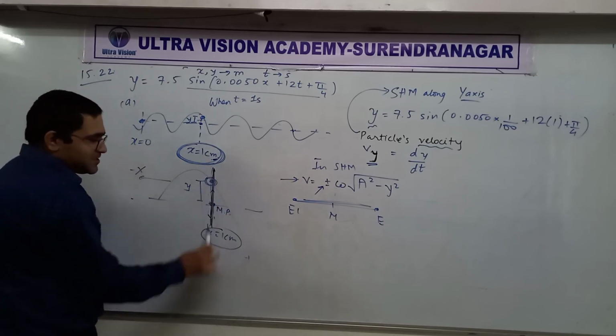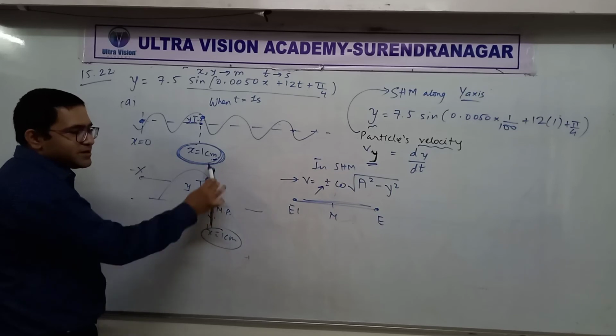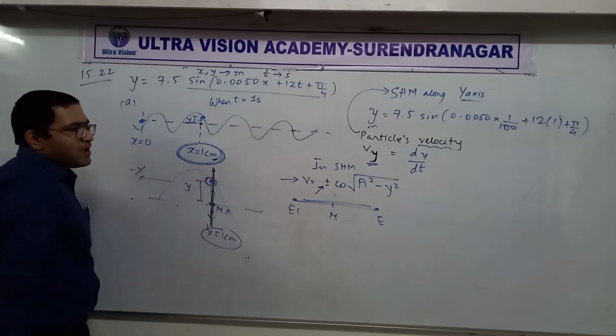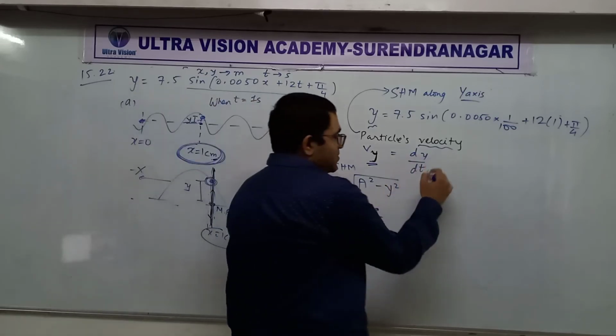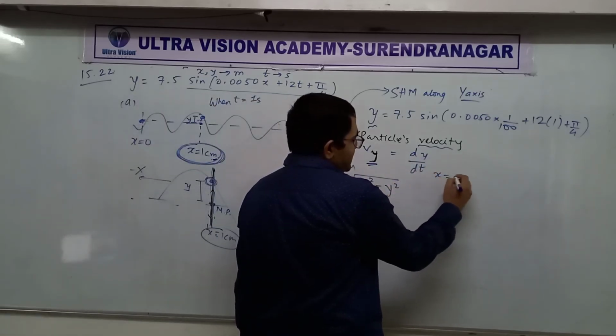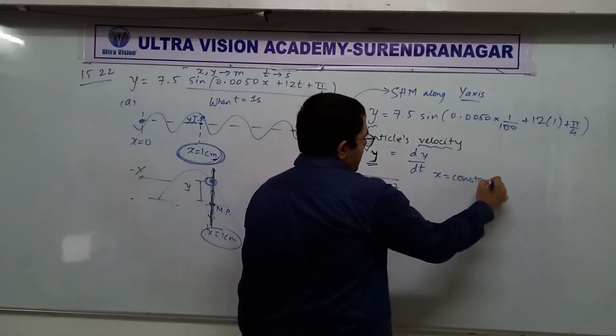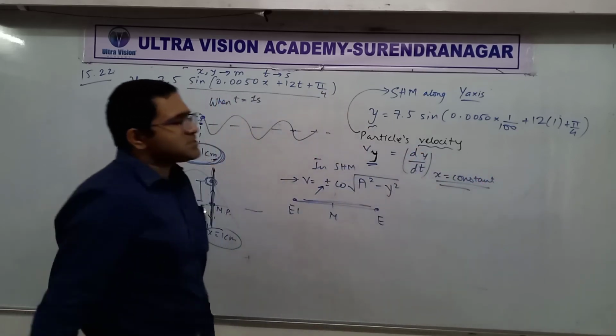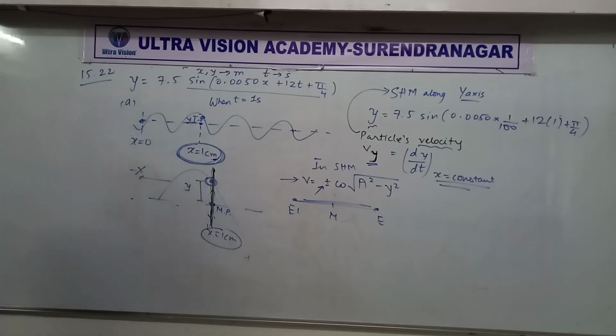Because this particle is only doing vertical SHM. In the y direction, it will not move horizontally. The particle only moves up and down. So although we are doing dy by dt, it should be with x constant. Because the particle only moves vertically, it doesn't go horizontal. So that's why the x coordinate remains constant.